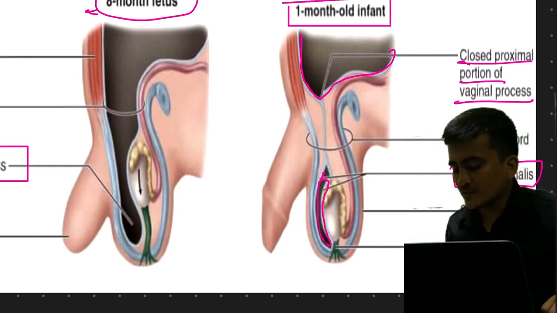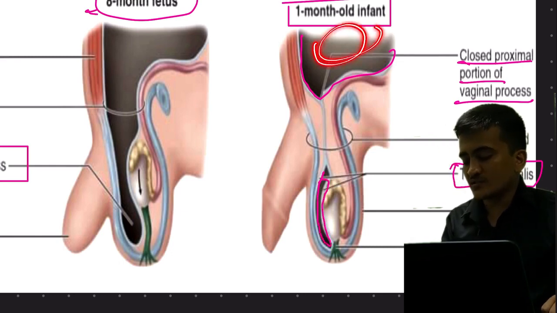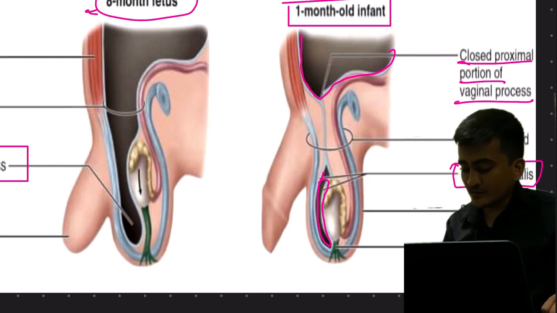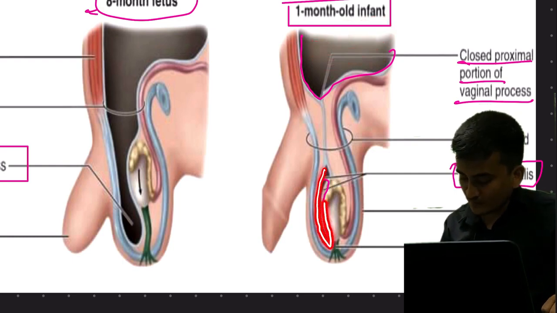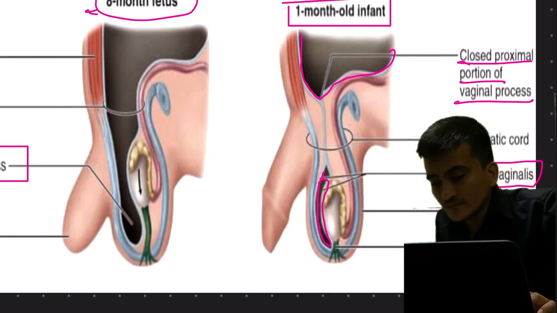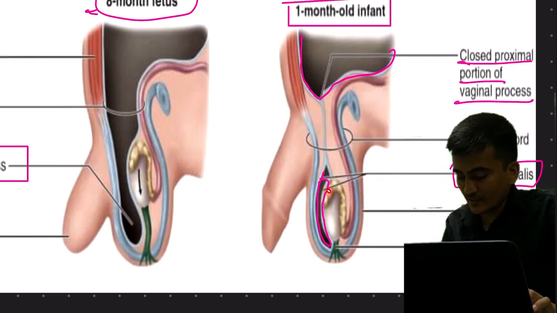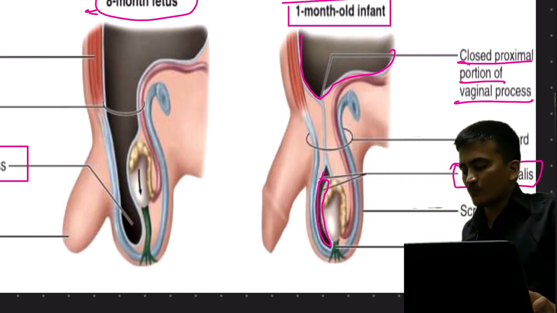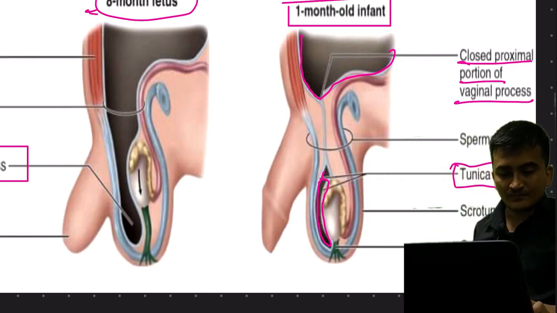And the upper structure is the abdominal cavity. And now here one structure is forming by the double layer of peritoneum, and this structure is called tunica vaginalis. This will cover testis. You can see right here testis is being covered by tunica vaginalis. Okay.